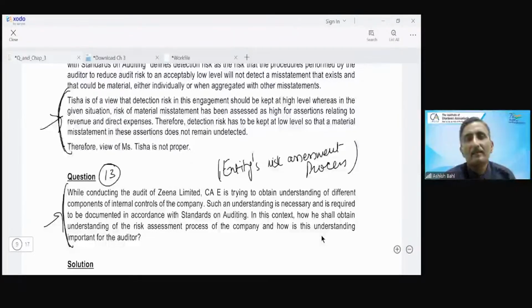Yes, guys. Yes, anyone. How the auditor would obtain understanding of the risk assessment process being followed by the entity, and how this understanding is beneficial to him as an auditor.